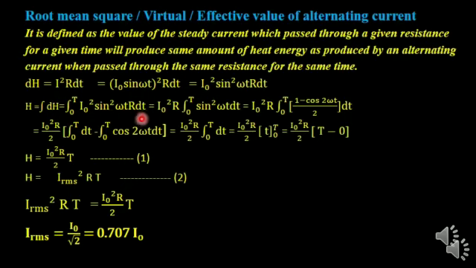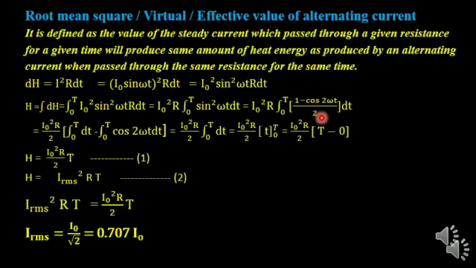Since I0 and R both are constants, H equals I0 square R integral 0 to T sin square omega t into dt. But sin square omega t equals 1 minus cos 2 omega t divided by 2.